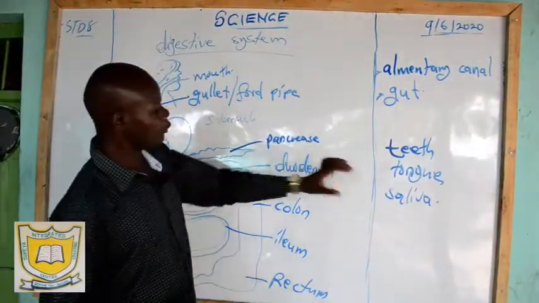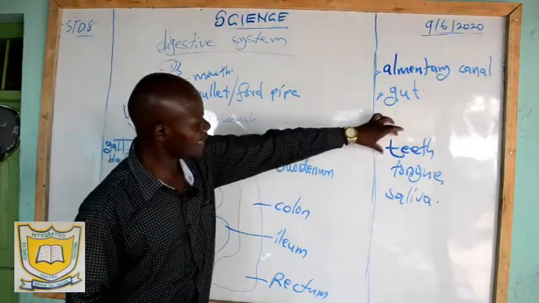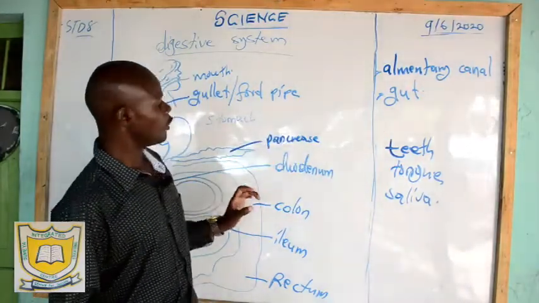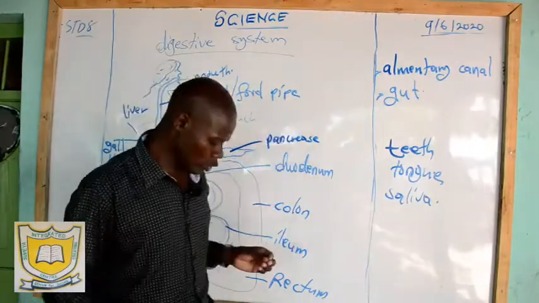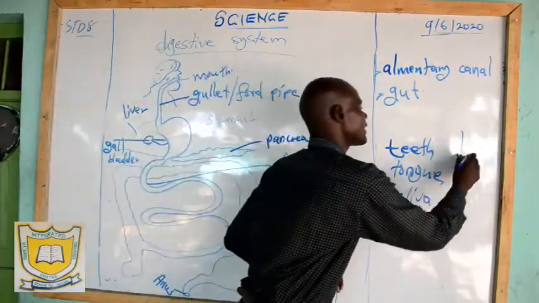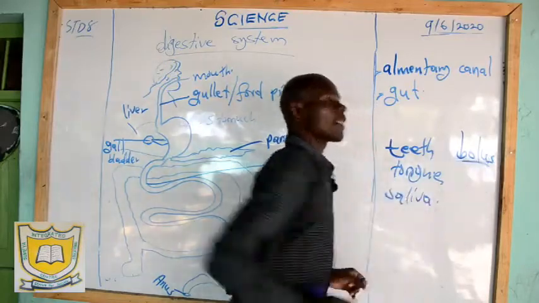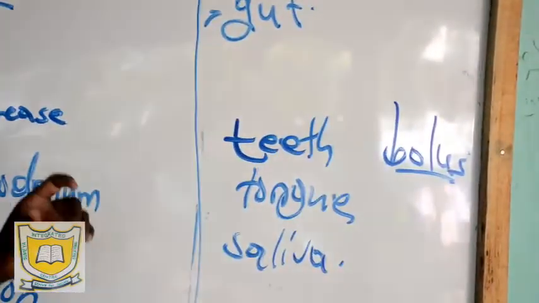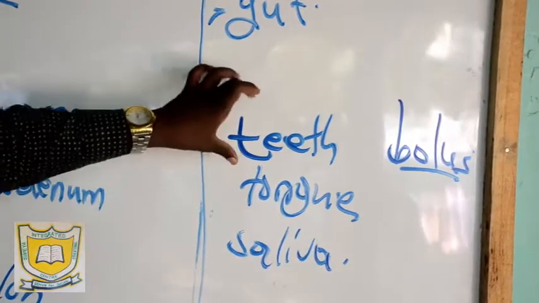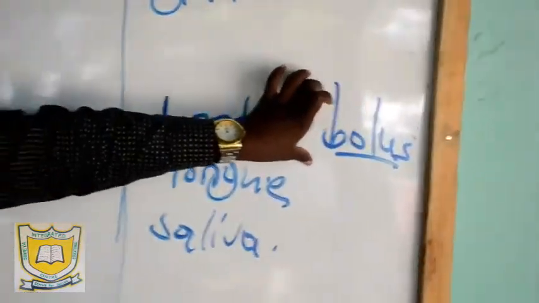The teeth are used for crushing food from being large into small particles known as boluses.